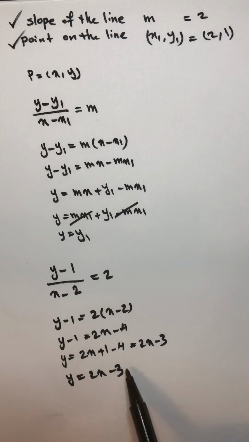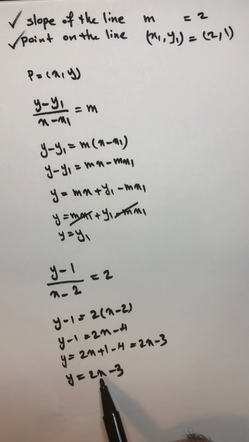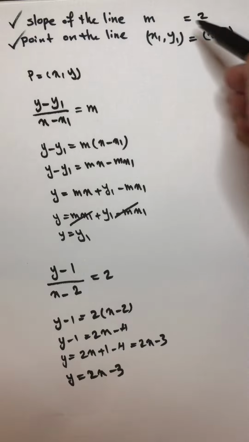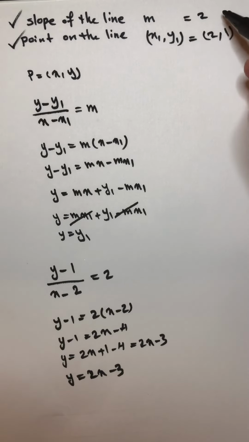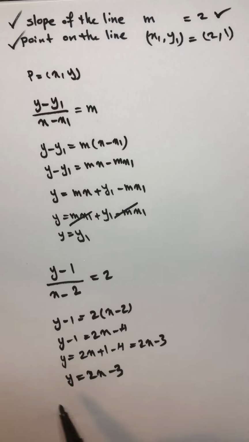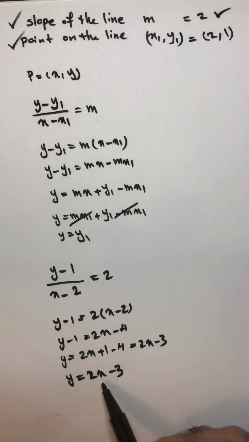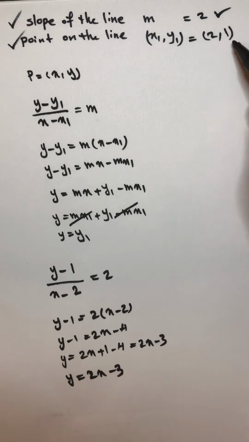So then we have to check the two given things. So this is the equation of the line, but we have to check that we have not made a mistake in our calculation to get to this point. So the slope of the line is just the coefficient of x, which is 2, and the given slope is 2, so this is checked. And then for the second one, we need to insert 2 for x and get 1 for y.